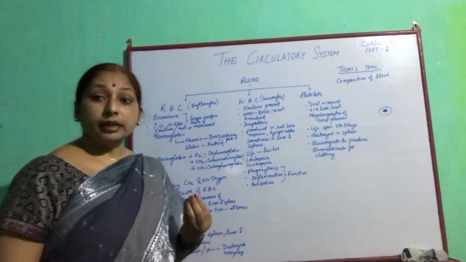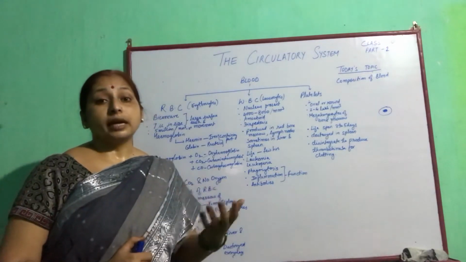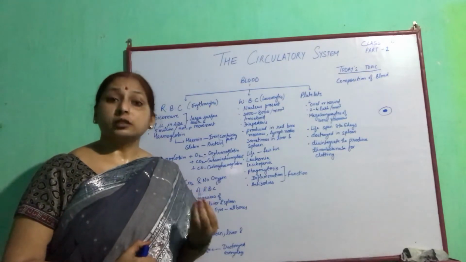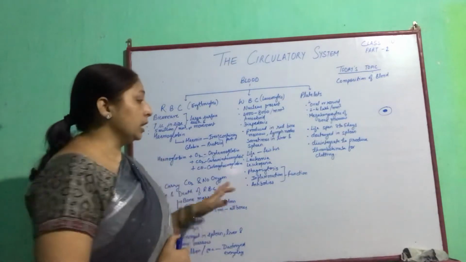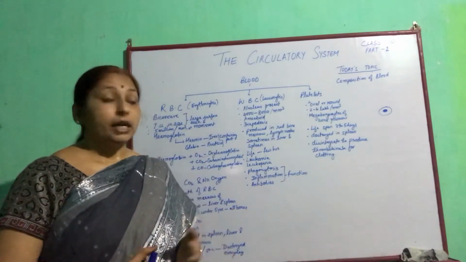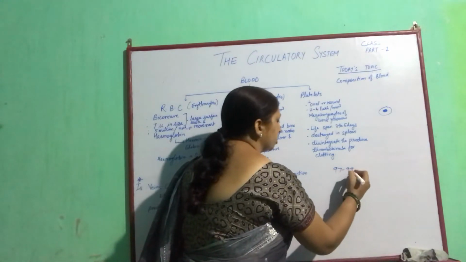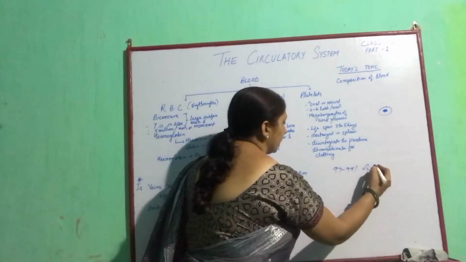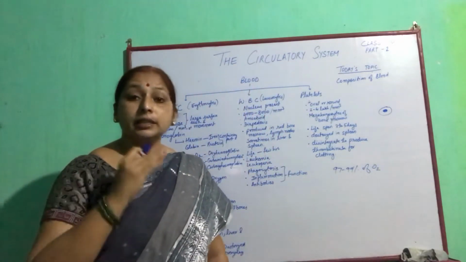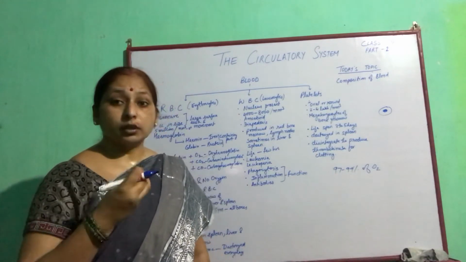If we are using the term deoxygenated, veins carry deoxygenated blood. Really, are they deoxygenated? Is no oxygen present? No. Actually, when the blood is in the lungs, it contains 97 to 99% of oxygen, and this oxygenated blood is carried by the arteries to the different tissues and organs.